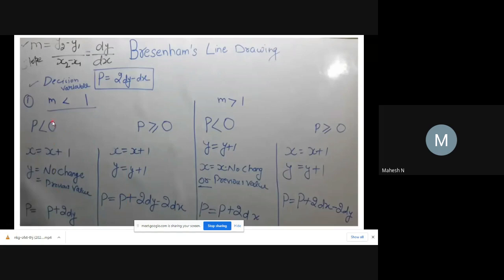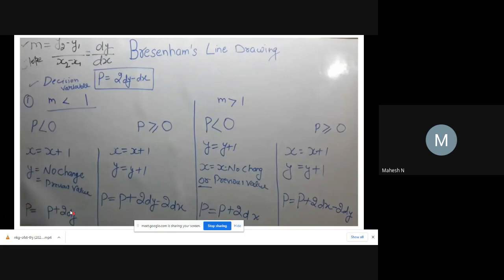So now if your second point turns out to be this one, right? So x you will increment by 1, y you will not change. For the third vertex decision, what to do? You will use this decision variable, p is equal to p plus 2 dy.